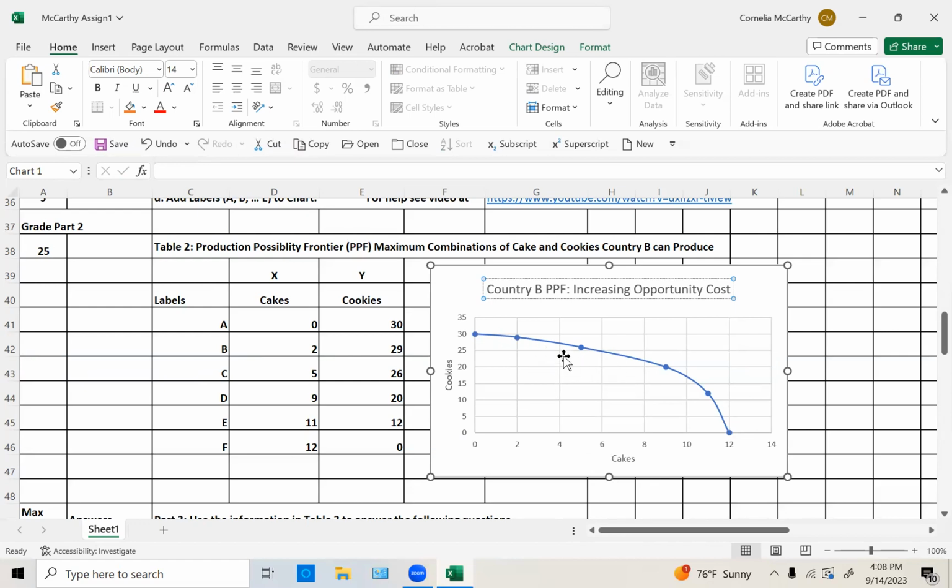And at 6, it's going to be more than it was at 4. And at 10, it's going to be more than it was at 8. So the opportunity cost, the number of cookies you cannot make when you make 1 more cake, is becoming a larger and larger number as we move from 0 to 12 in this case.